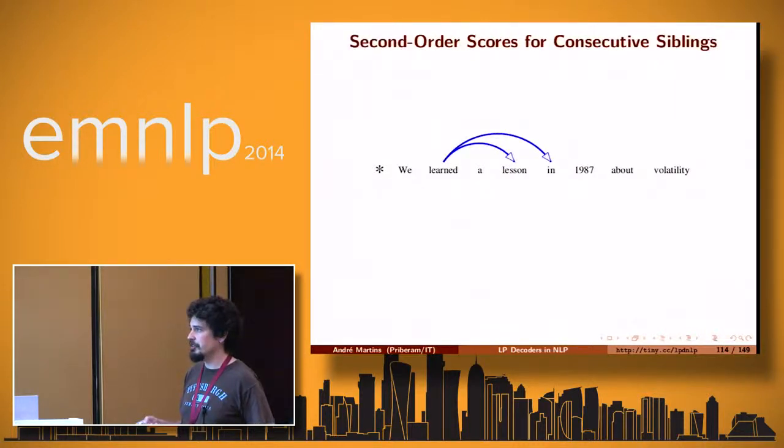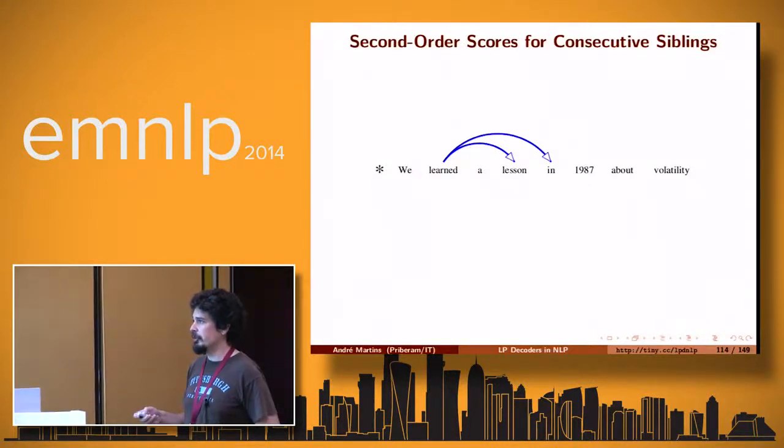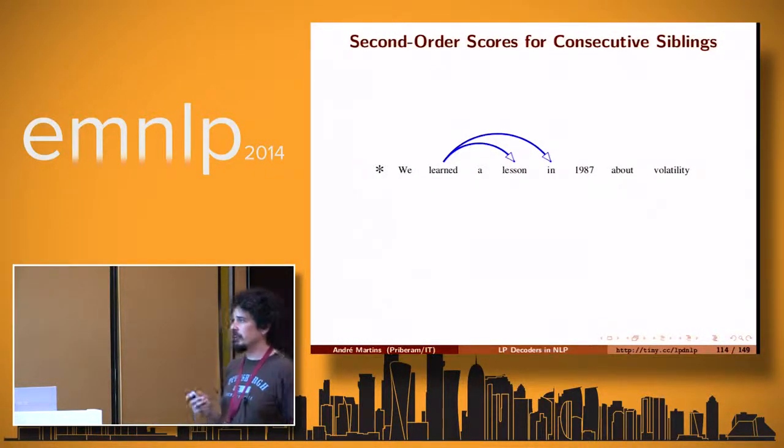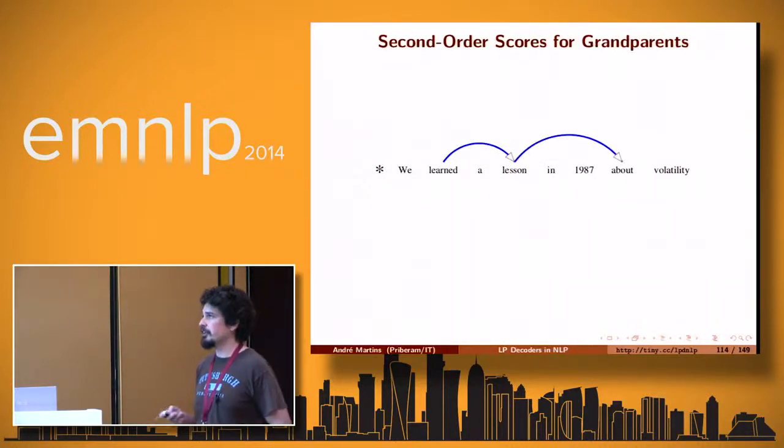Second order scores for consecutive siblings: this is one arc going from a head to a modifier, and the next modifier in the same direction for that head. This is basically modeling horizontal Markovization. We are also going to have second order scores for grandparents, which is basically vertical Markovization. This is a score that looks at one arc and the arc that comes out from the child.